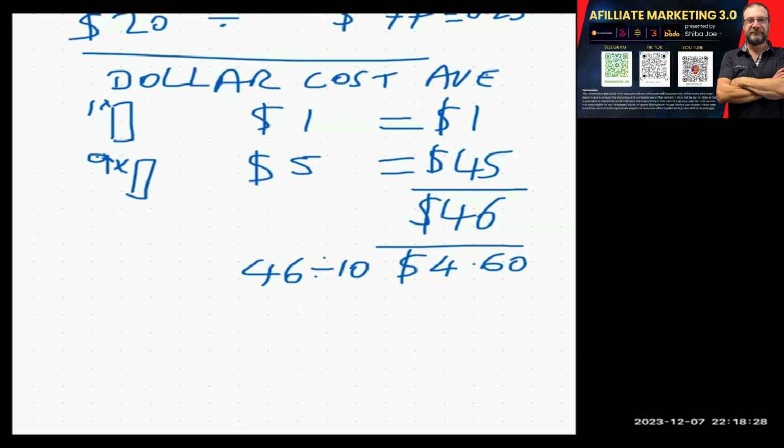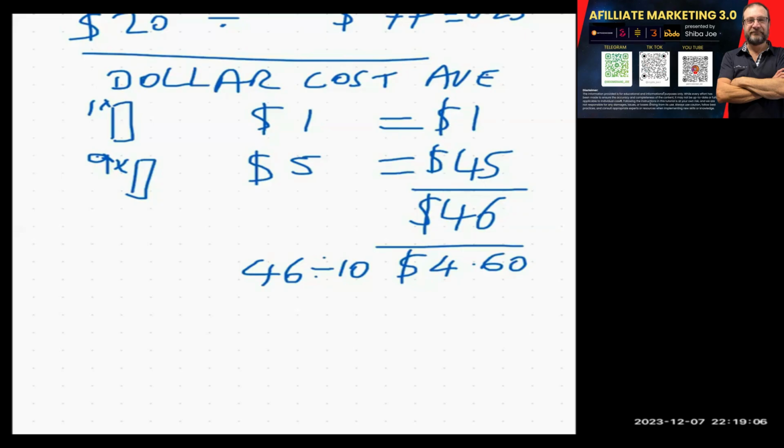So you're going to want to know how much you've spent, not only in total, but how much you've paid for each BTCC or each Solana or each XRP, whatever coin or token it is that you're buying. You need to know what the dollar cost average is of what you've purchased.